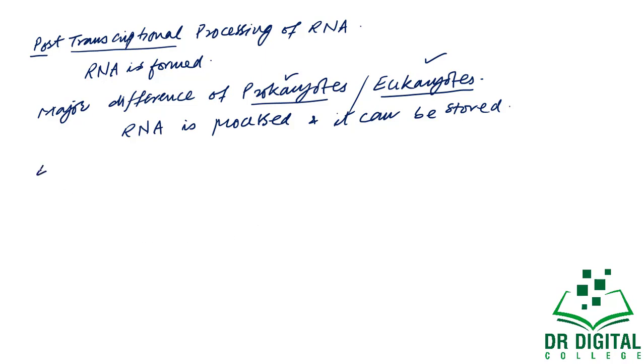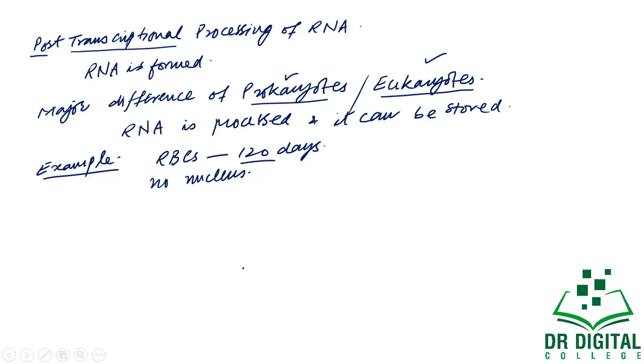For example, you know that we have red blood cells. Their age is about 120 days and they have no nucleus. What does it mean? Could they survive without any nucleus for 120 days, about 4 months?